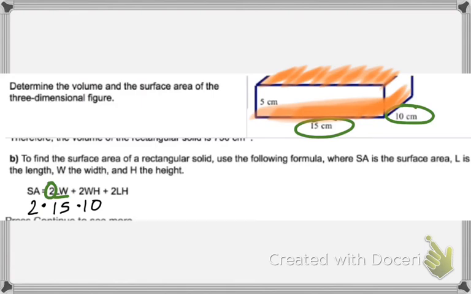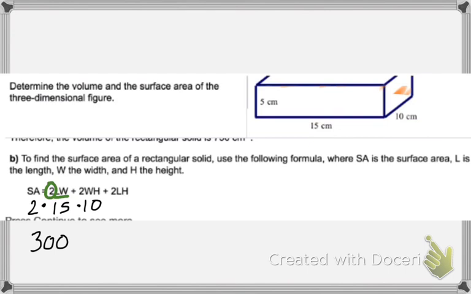So 2 times 15 times 10 would give you 300, which is exactly what we did a second ago in our example problem. We found the area of the bottom by multiplying the width and the length, and then we multiplied it by 2, because if the area of the bottom is 150, the area of the top has to be 150 as well.